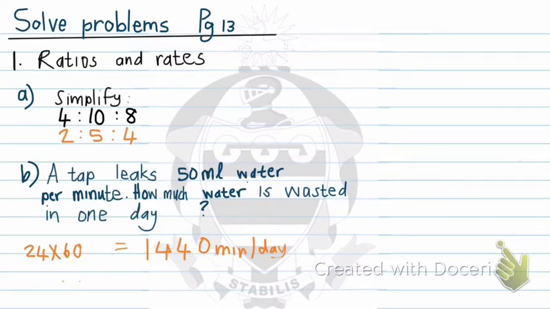If I multiply that amount by 50 milliliters of water, because 50 milliliters of water is wasted per minute, then I get an answer of 72,000 milliliters of water wasted per day.